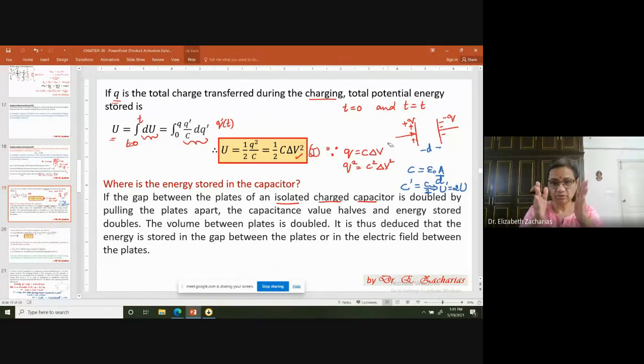Now let us look at the two plates of the capacitor and see what geometric part of this capacitor doubled when you pull the plates apart. When you pull the plates apart, the volume between the two plates got doubled.